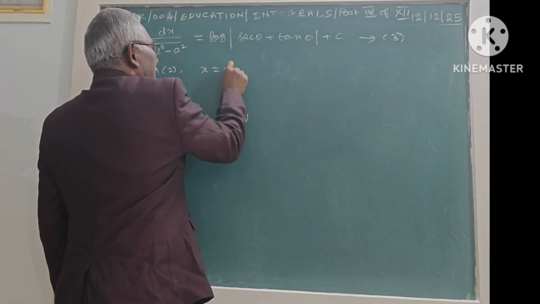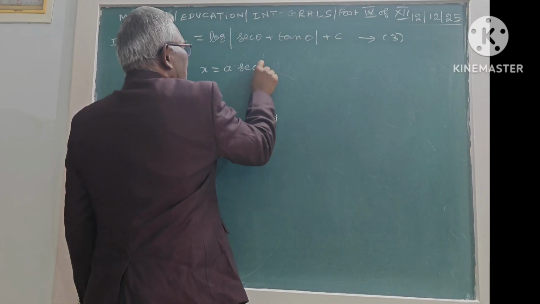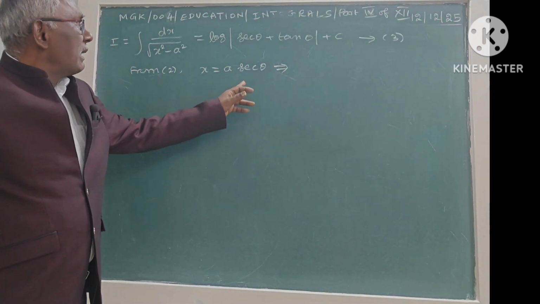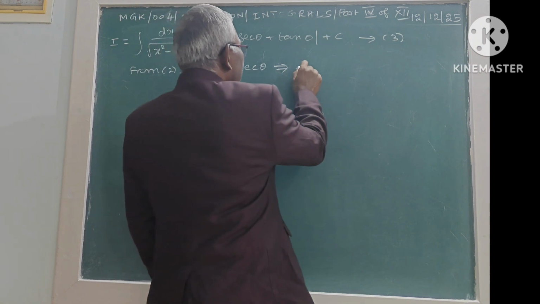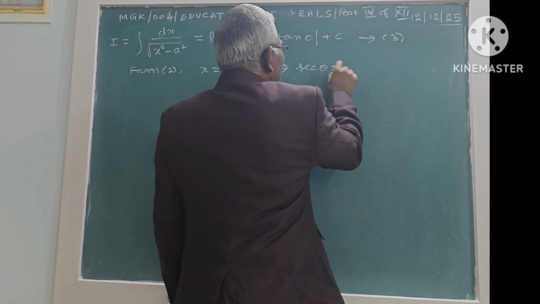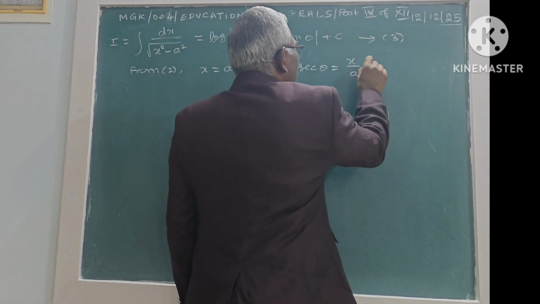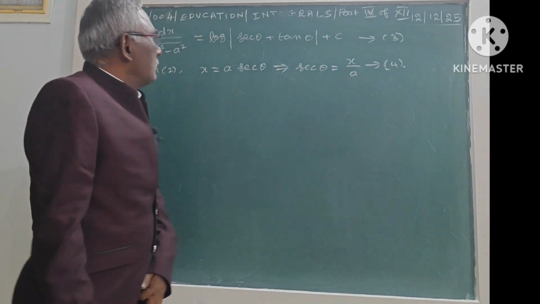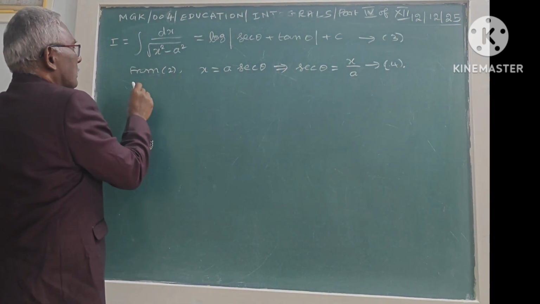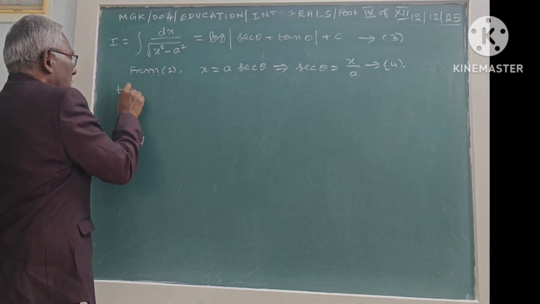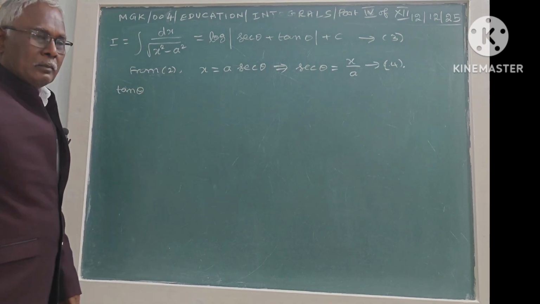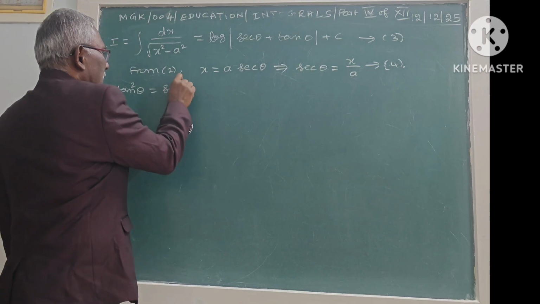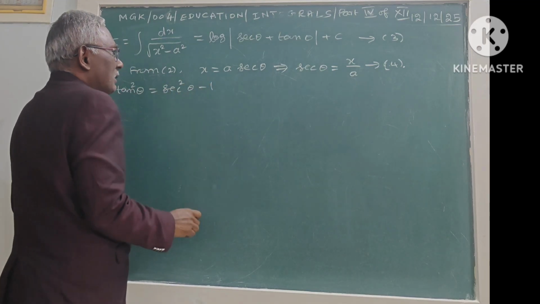x is, we take x is a secant theta. We have taken x is a secant theta. So secant theta is x by a. So tan theta, so tan square theta is secant square theta minus 1.